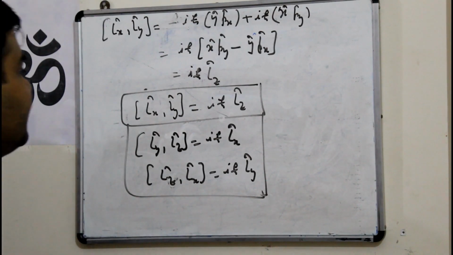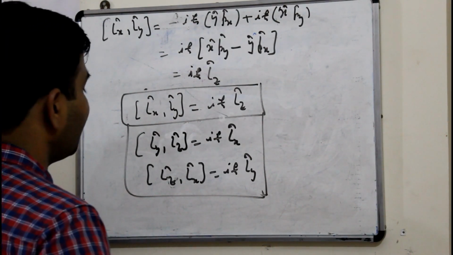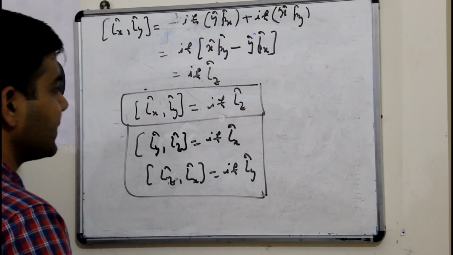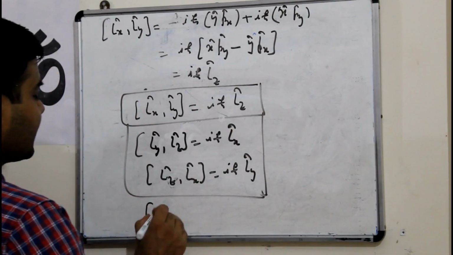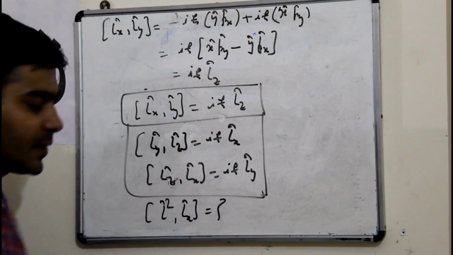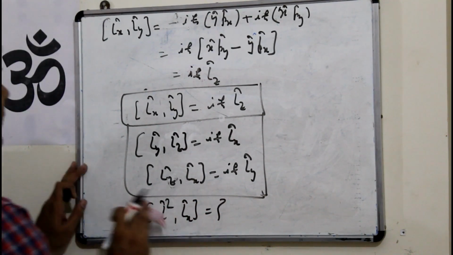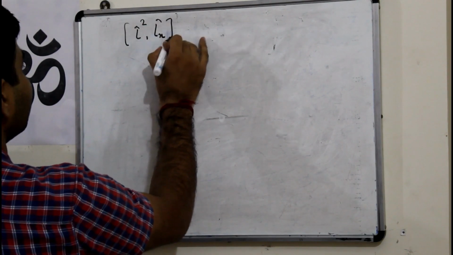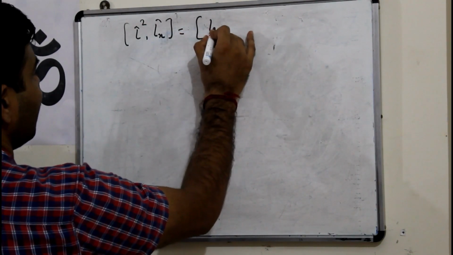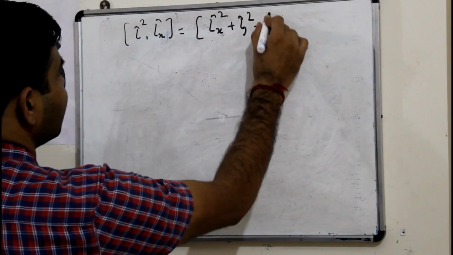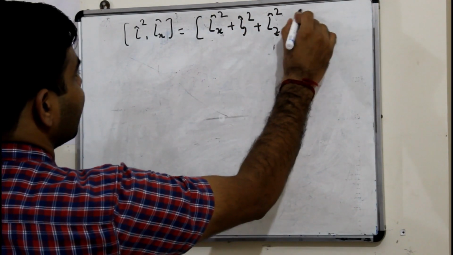Let's go further and try to find out what the commutator of, for example, L squared with L_x is. So let's try to find that also. Okay, so [L hat squared, L_x hat] is equal to [L_x hat squared plus L_y hat squared plus L_z hat squared, L_x hat].